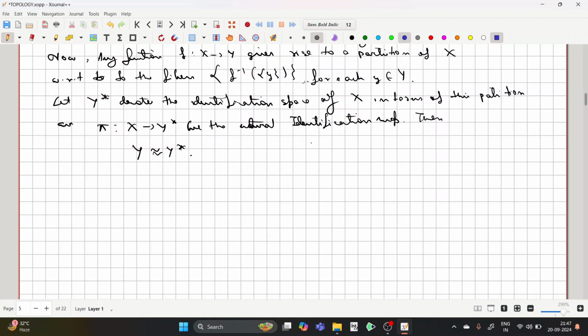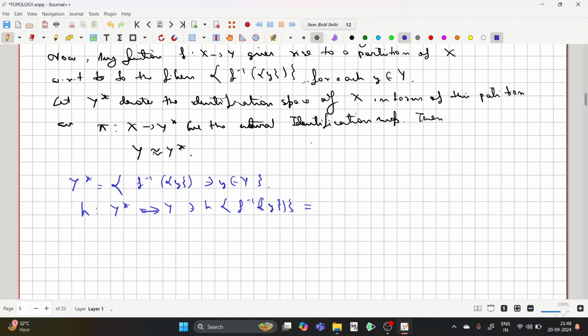We know that since Y star is an identification space, the points in Y star are these fibers over y, such that y is in capital Y. So I basically define a map h from Y star to Y, and how do I define this? It sends this fiber to, so where should I send it?